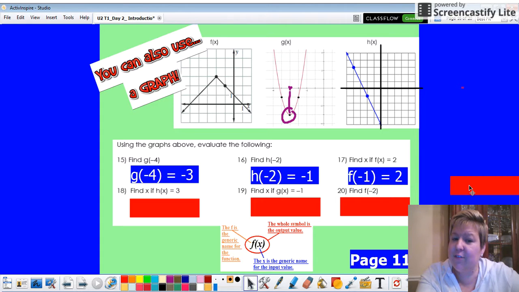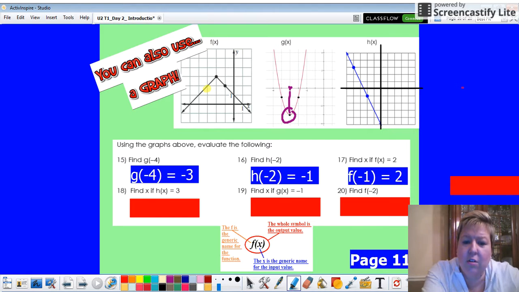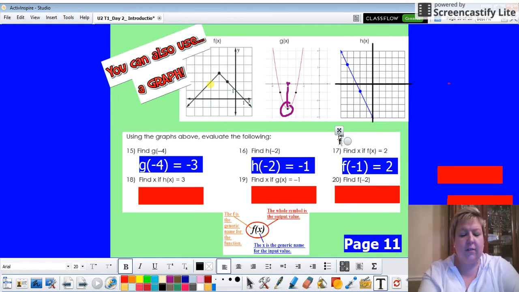However, if you thought it was something different, you might have been looking at this point, and let's see if I can highlight it over here. Okay, so that point over there is also where y is equal to 2, because you see our graph kind of does like a mountain, right? So what I could also do is type in that f of -3 is also equal to 2.